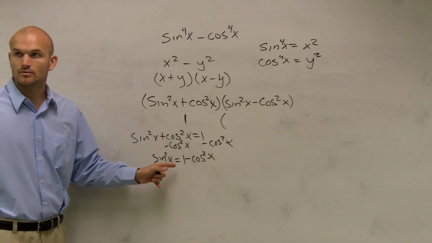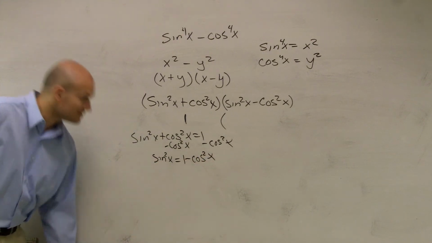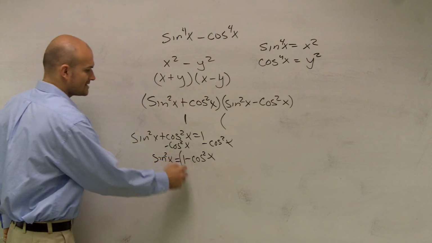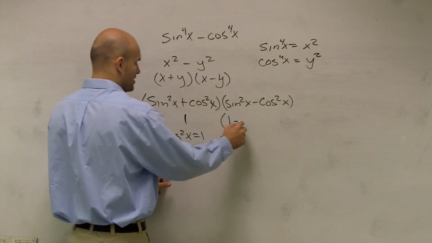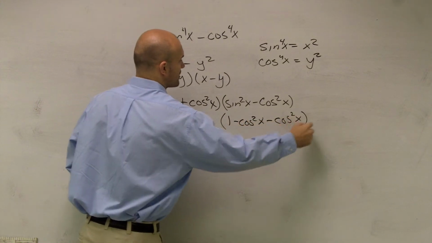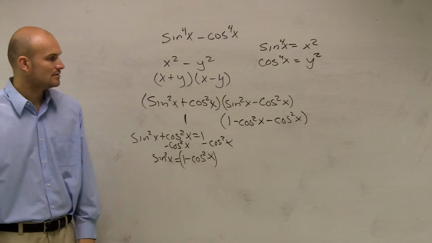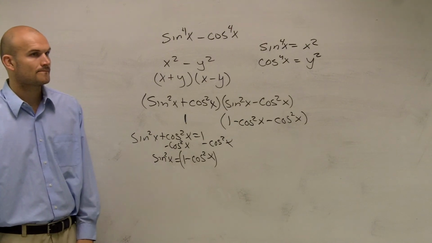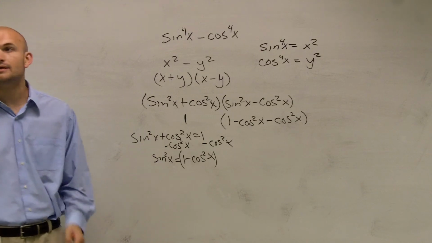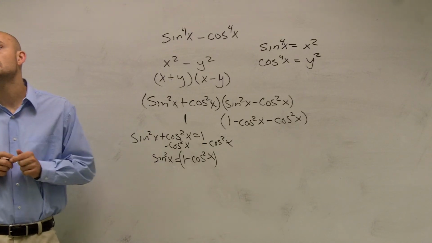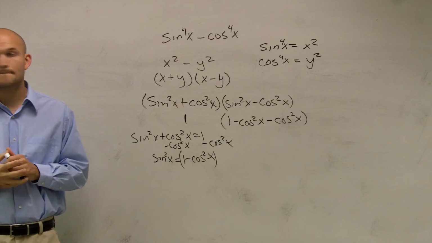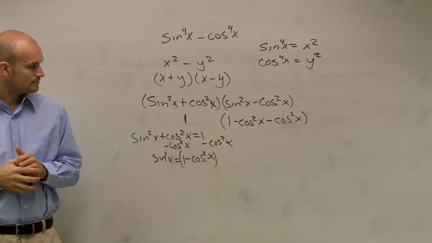What's so important about that is I know this goes to 1, but if I can rewrite sine squared of x minus cosine squared of x... So sine squared plus cosine squared equals 1.